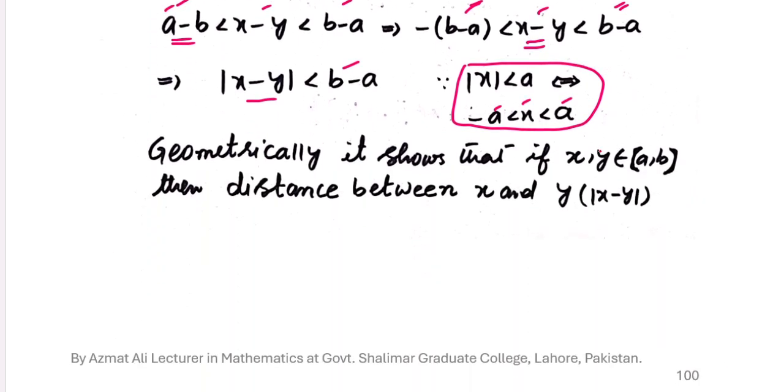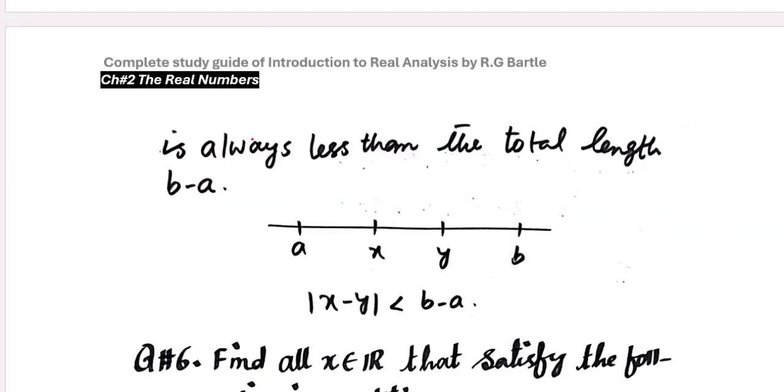Geometrically, it shows that if x and y lie between the two ends of an open interval (a, b), then the distance between x and y, that is the absolute value of x minus y, is always less than the total length b minus a.